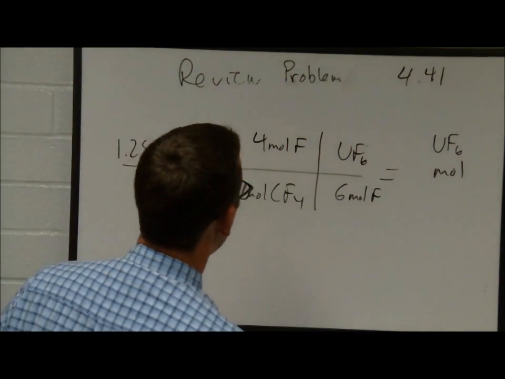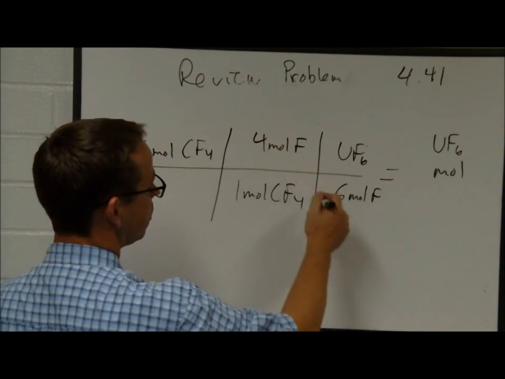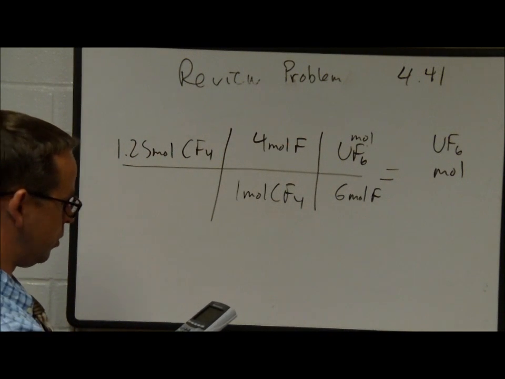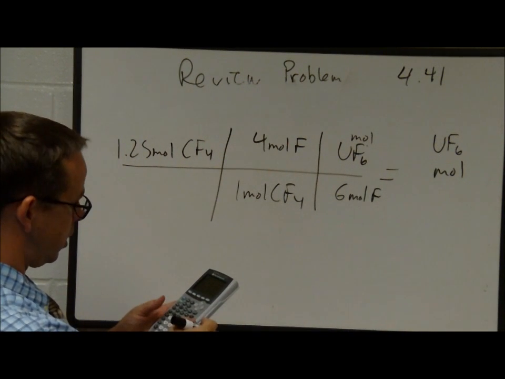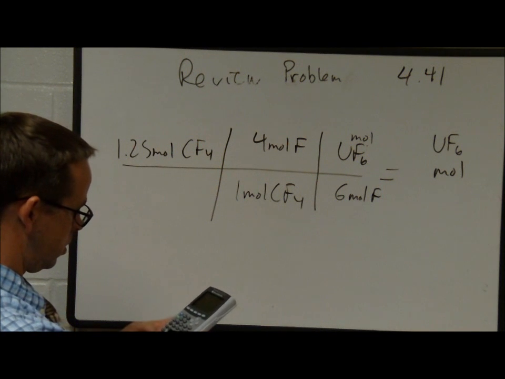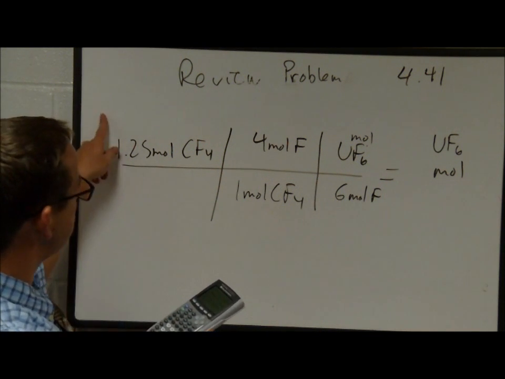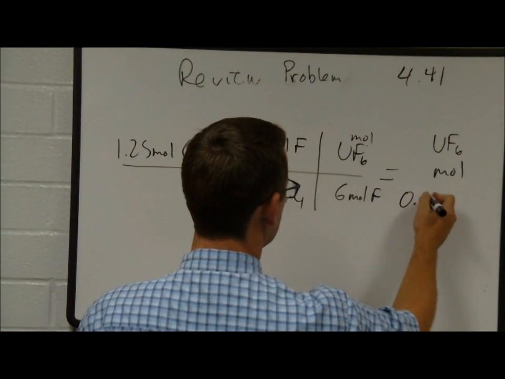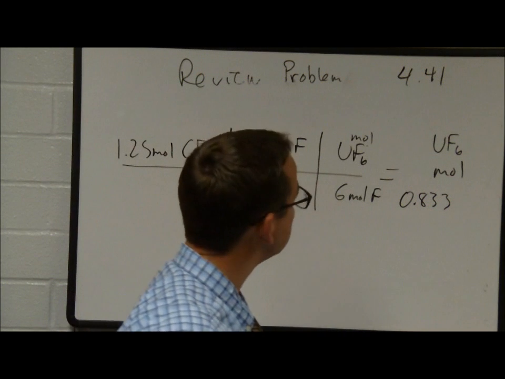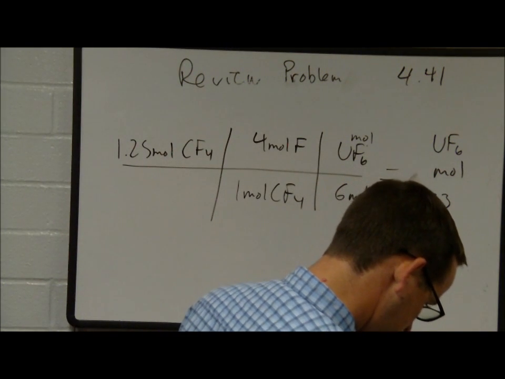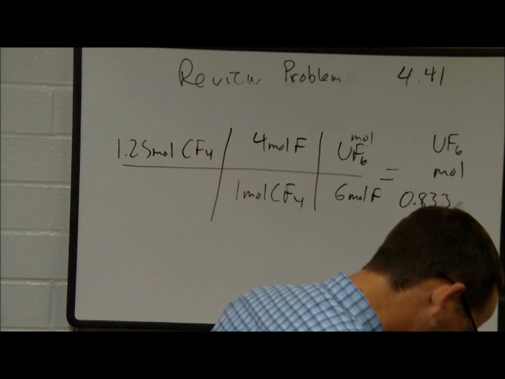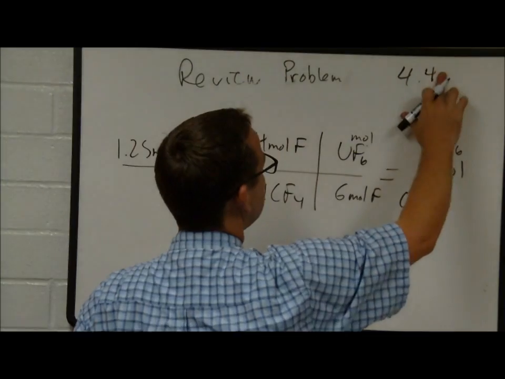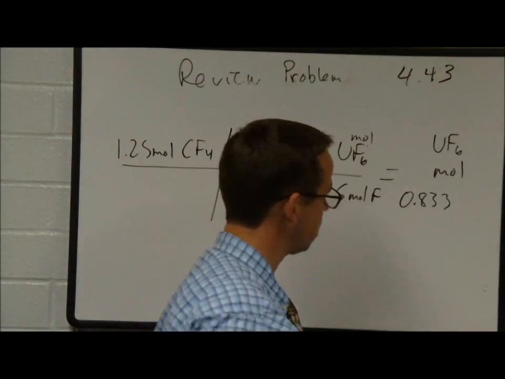So we take 1.25 moles of CF4 times 4 moles of fluorine divided by 6 for moles of uranium fluoride. 1.25 times 4 divided by 6 is 0.833 moles of UF6. All right, 441. Good. 443.